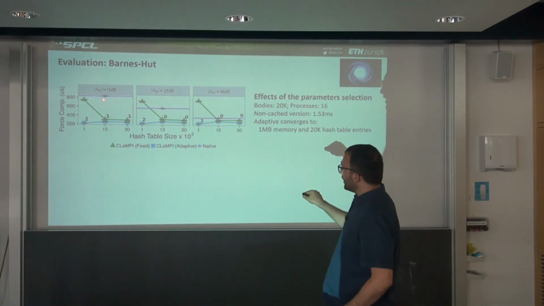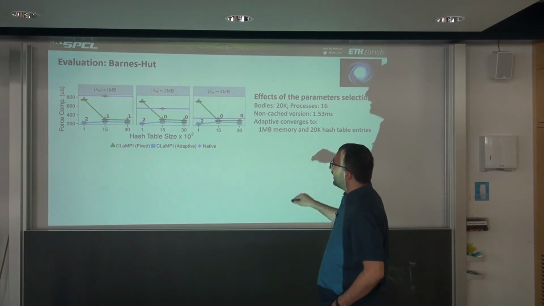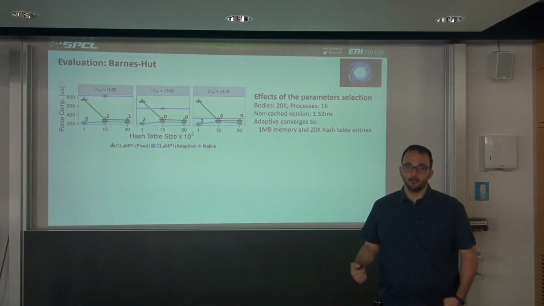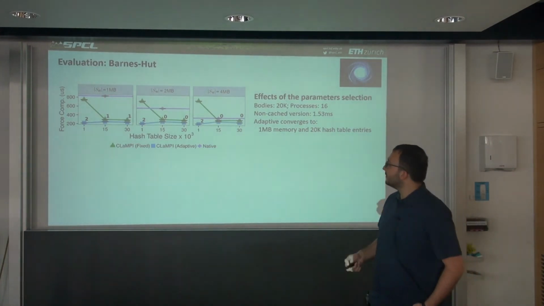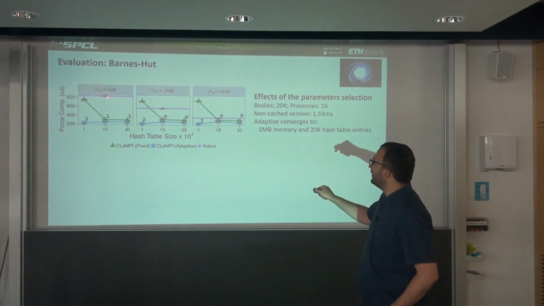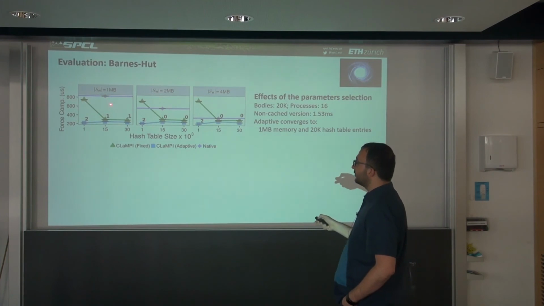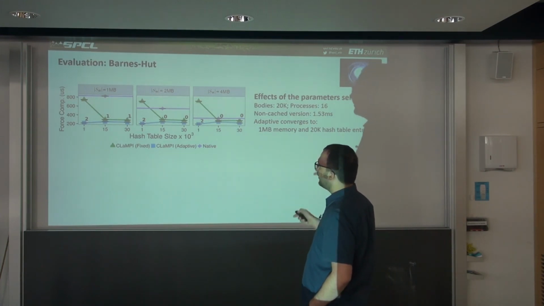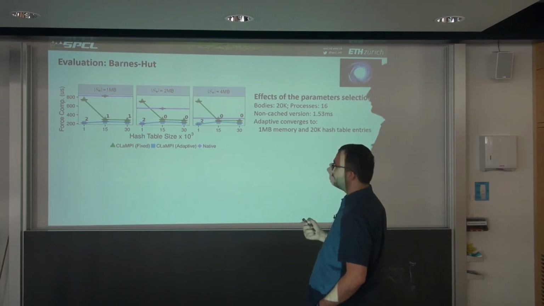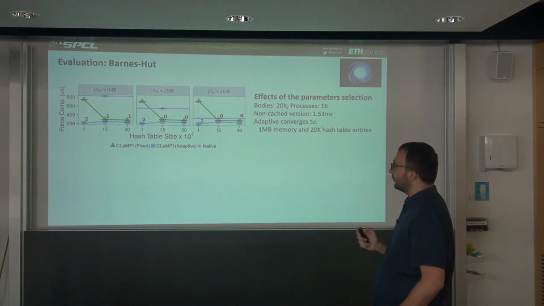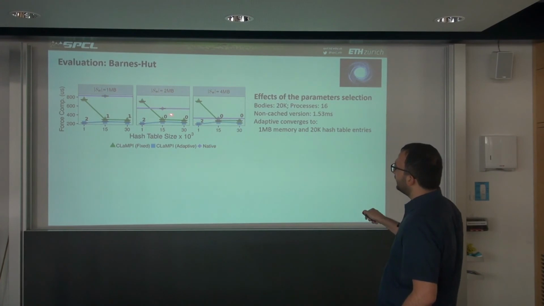We also compare against a native cache implementation that we found in this benchmark, and as expected, this native cache implementation is directly mapped, so it is independent from the hash table size. It is just affected by the size of the cache that we dedicate to it, and as expected, it decreases with the cache size.